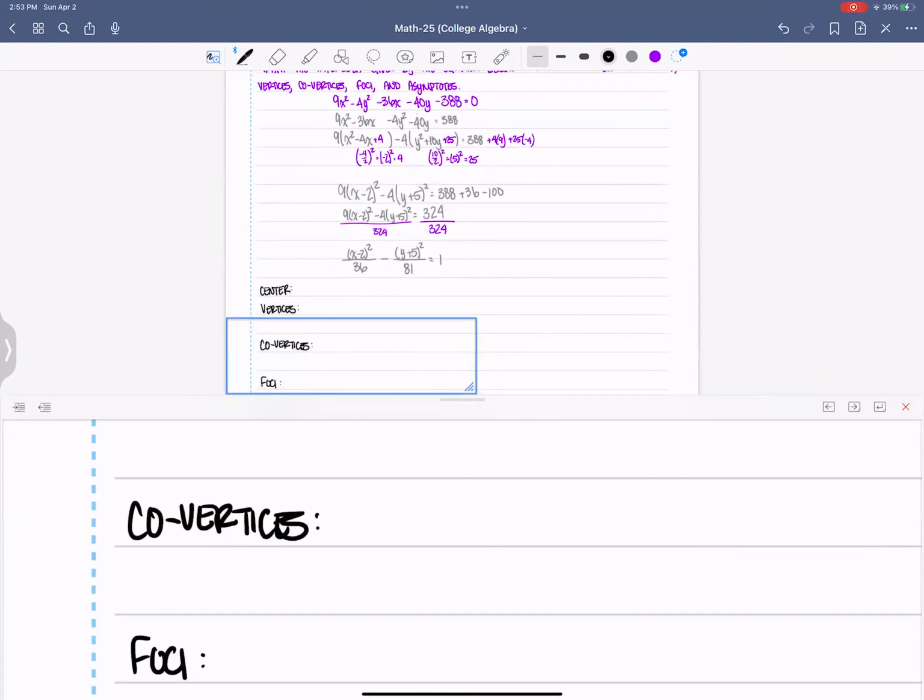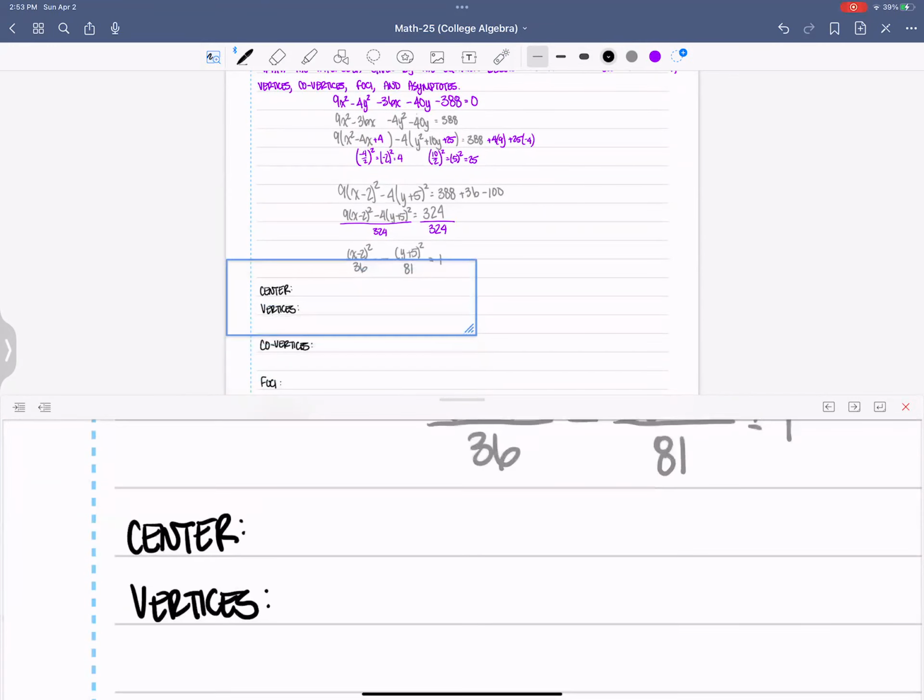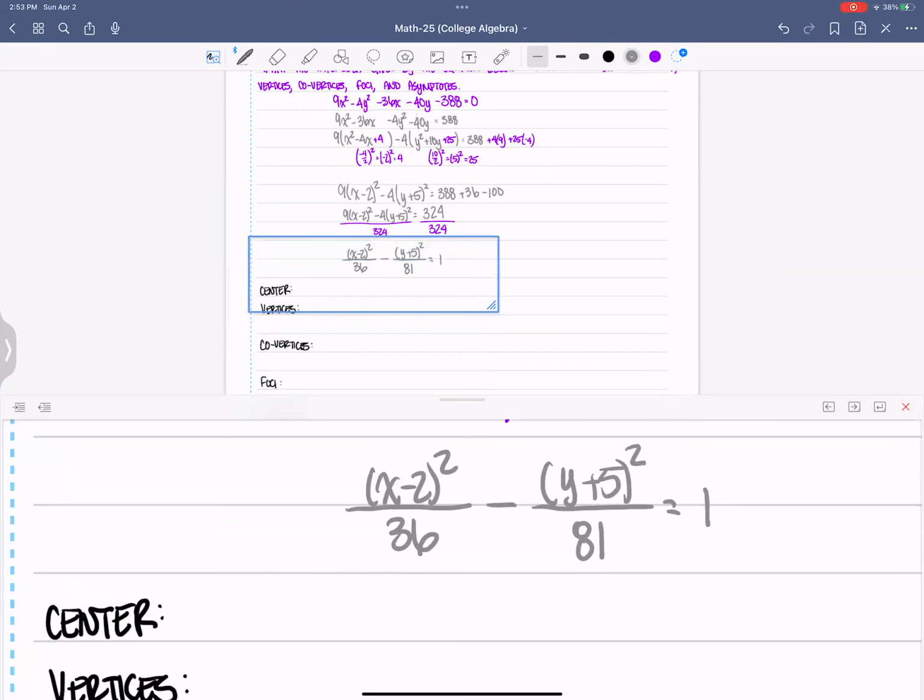All right, so starting off with the center, we could find it literally by just looking at it. So the center is going to be (2, -5). And vertices.